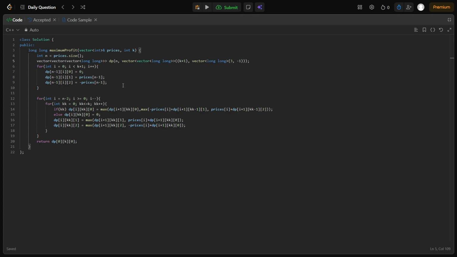So time complexity would be the same, and we can reduce the space complexity to n rather than n into k. Right. So let's move to that approach.